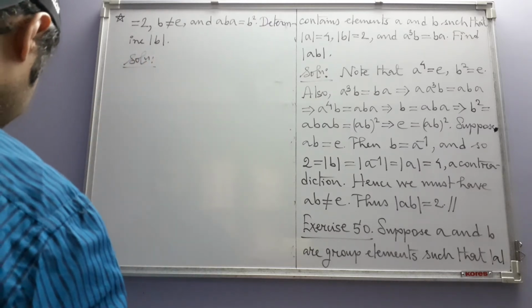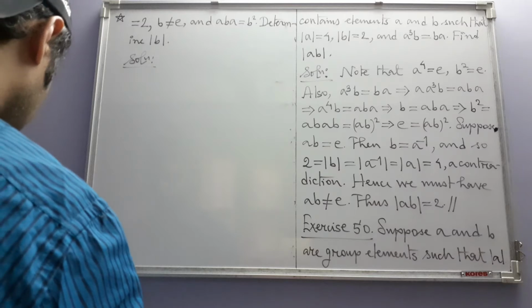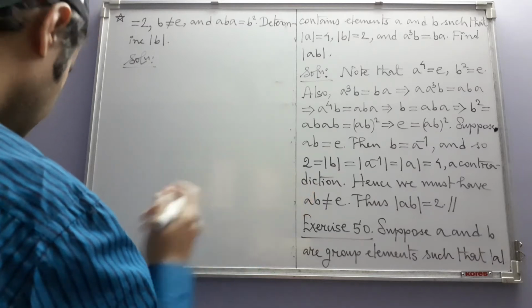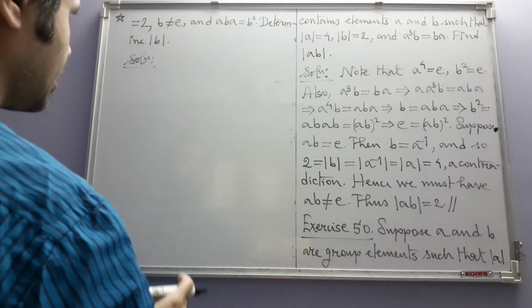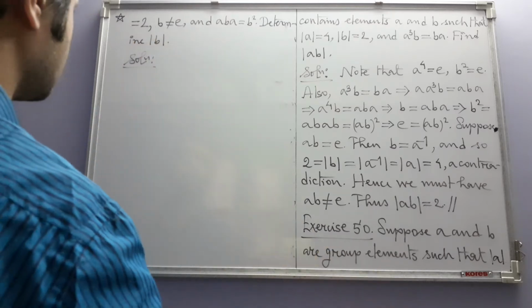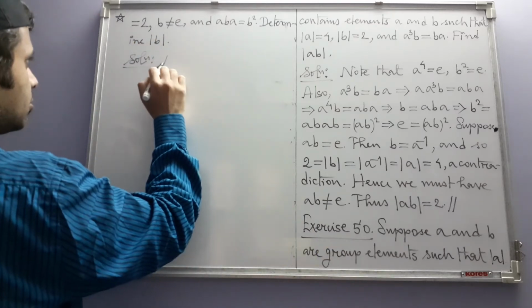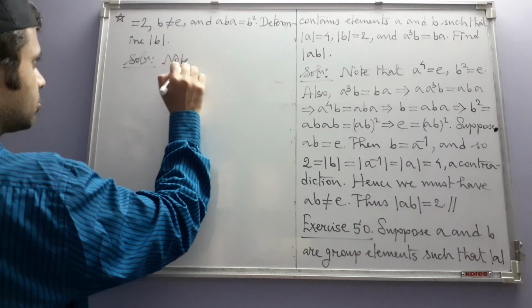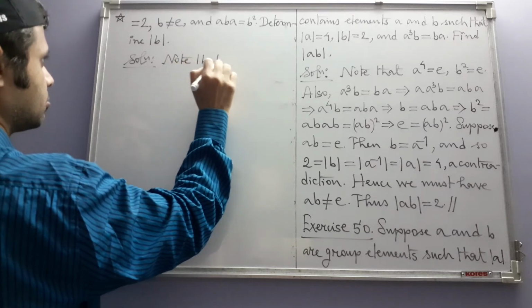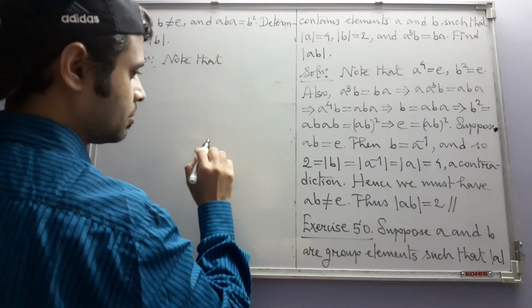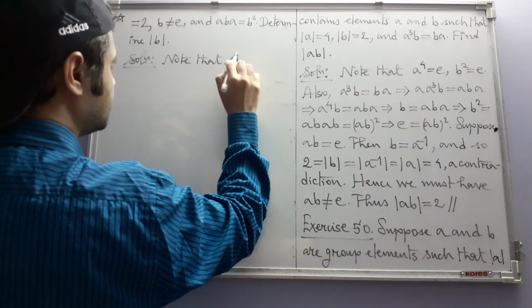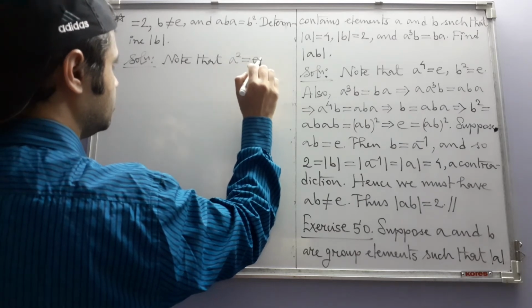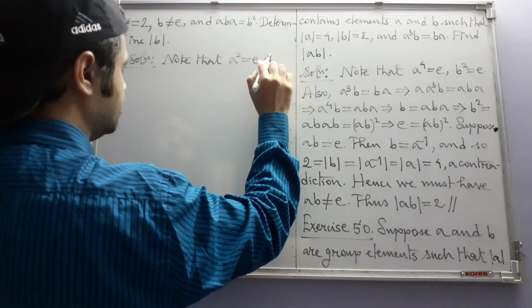Okay, so like that one, we are going to start with what is given to us. Note that A square is equal to the identity.